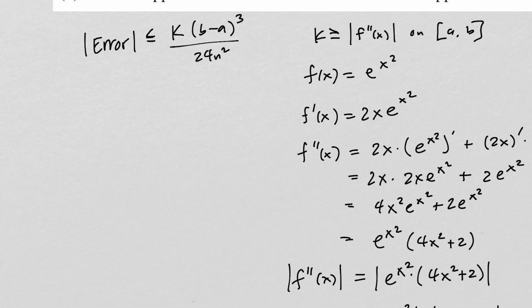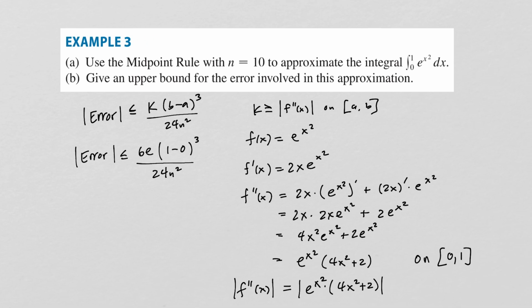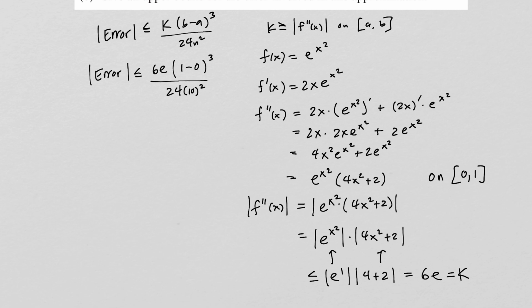So when I come back up here, we have the absolute value of our error must be less than or equal to 6e times b minus a, which is 1 minus 0, to the third power, divided by 24n squared. And n, of course, is 10. So let's just go ahead and plug in 10 squared there. And now I just need to calculate how big this is.